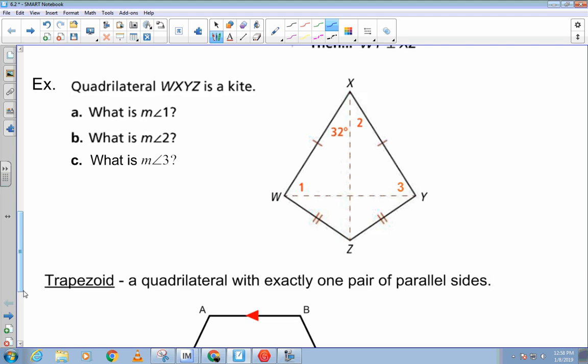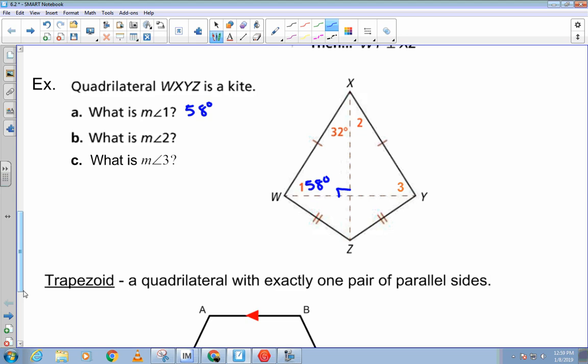We know that these are perpendicular, so this is a right angle. We added 90 and 32 together and subtracted it from 180, so angle 1 is 58. And angle 2 is what?